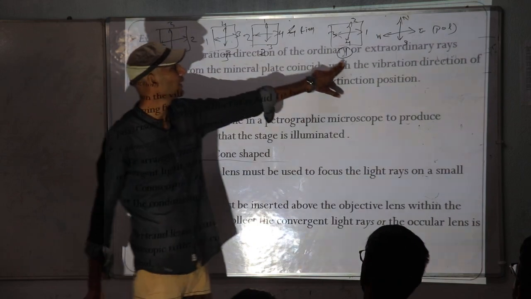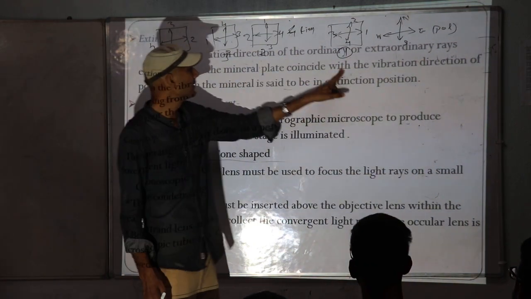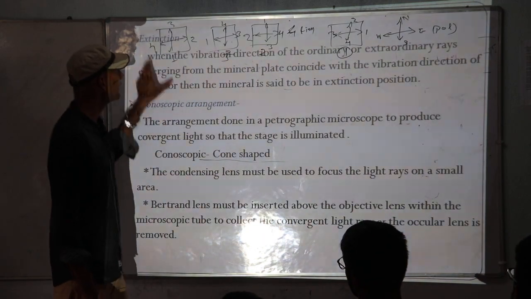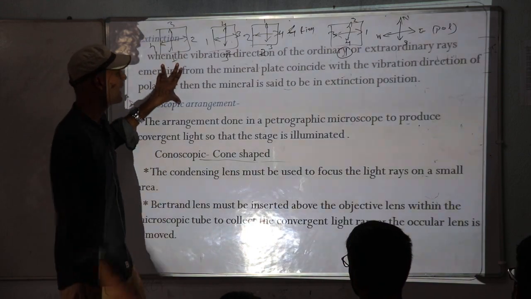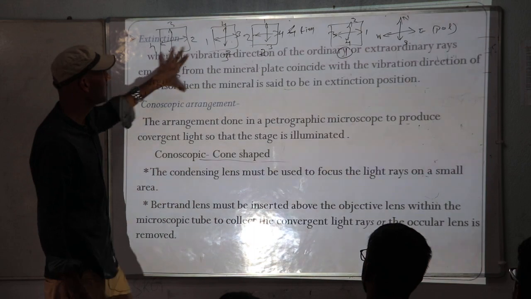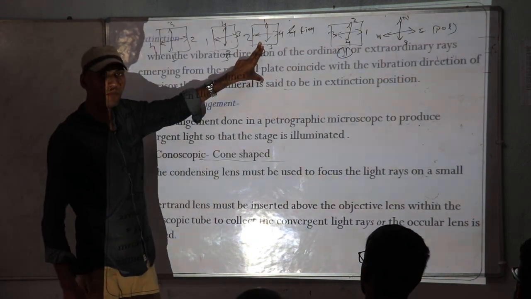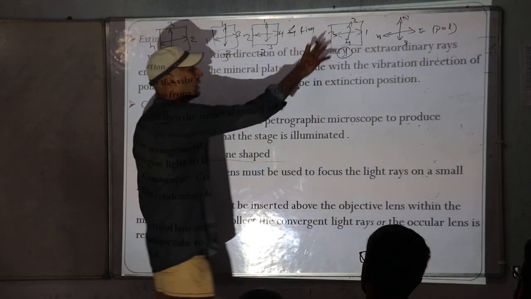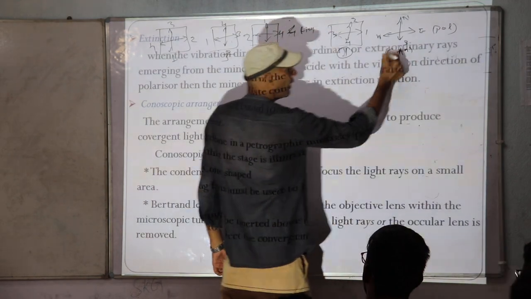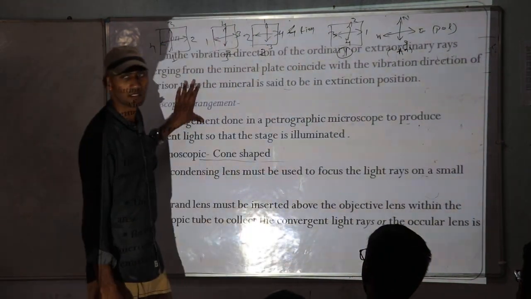Then it returns to the first position. In these four conditions, the vibration directions of the mineral are parallel to the vibration directions of the polarizer and analyzer, so in these four conditions they go extinct.